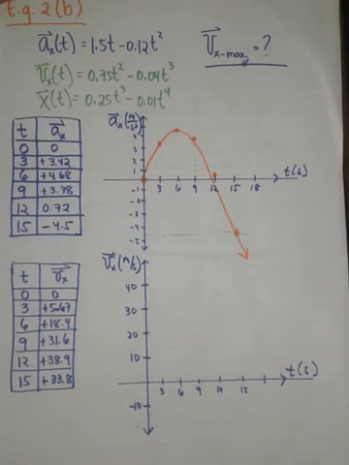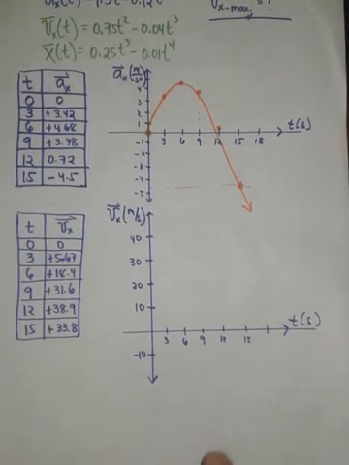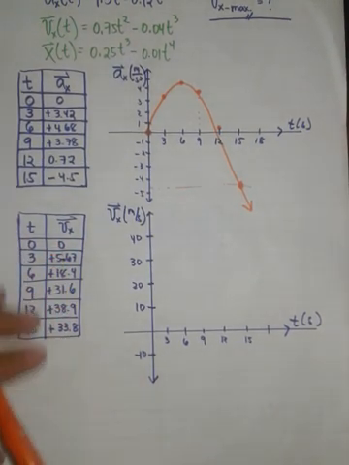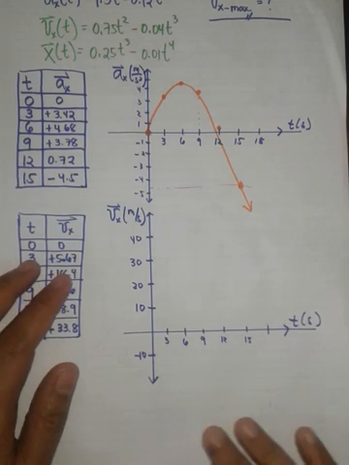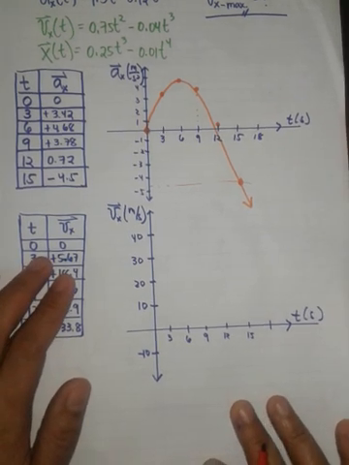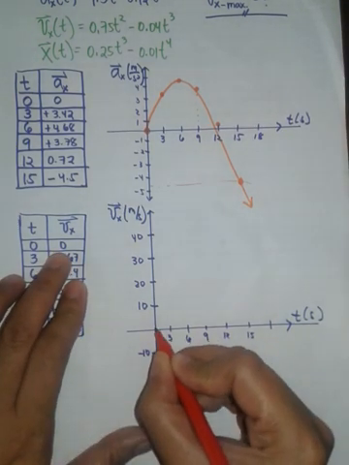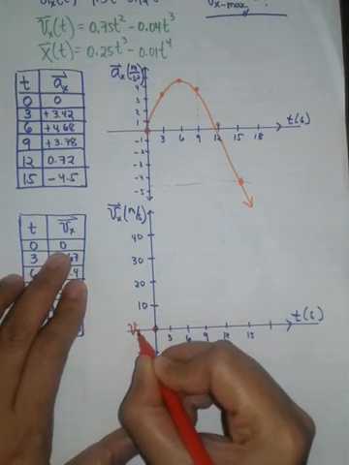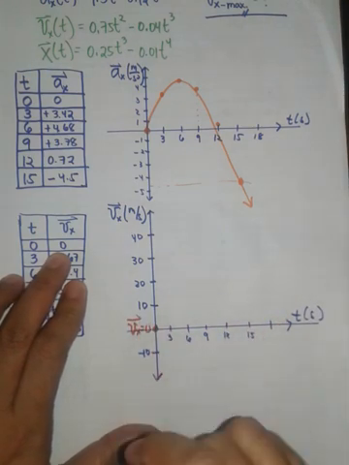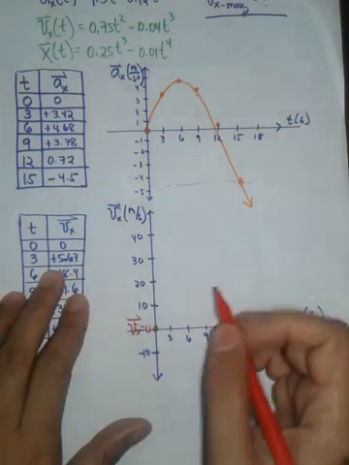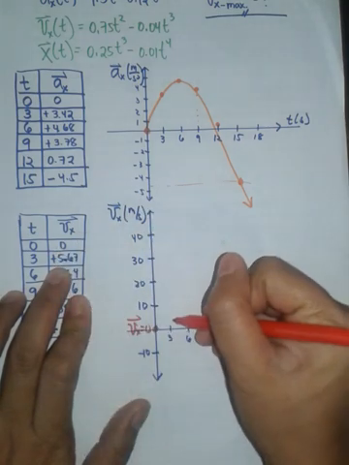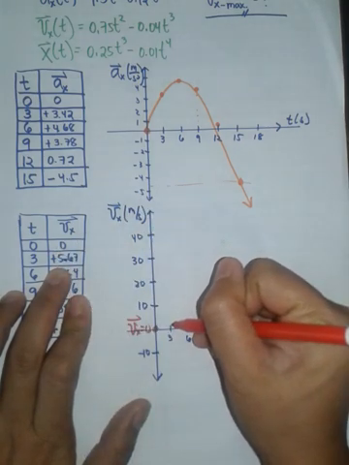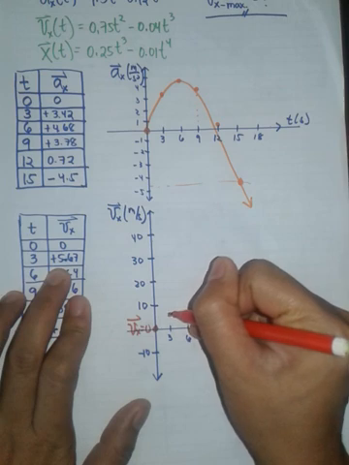Now for the velocity versus time, these are our values. Let's plot them. I'll use the red one. The problem says it's at rest when time is 0, so this is our velocity of 0. When time is 3, it's positive 5.67, so it's moving fairly fast to the right because it's positive. 5 point something is somewhere here.